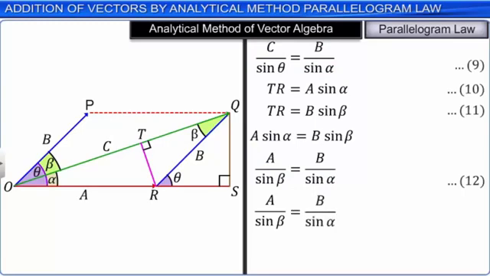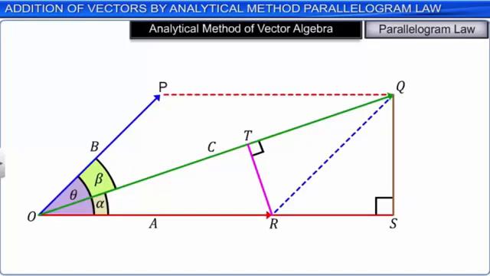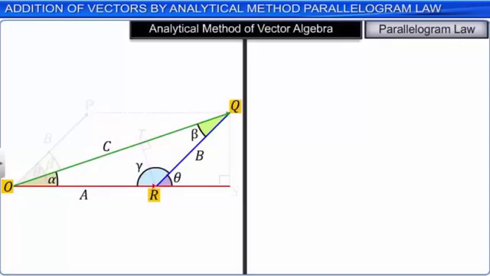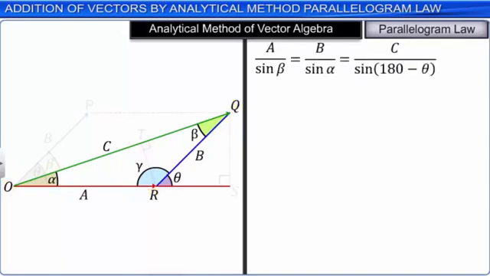Now, consider triangle OQR. Here, A by sin beta is equal to B by sin alpha is equal to C by sin of 180 minus theta. A by sin beta is equal to B by sin alpha is equal to C by sin gamma. Let this be equation 14. This equation is known as the law of sines.